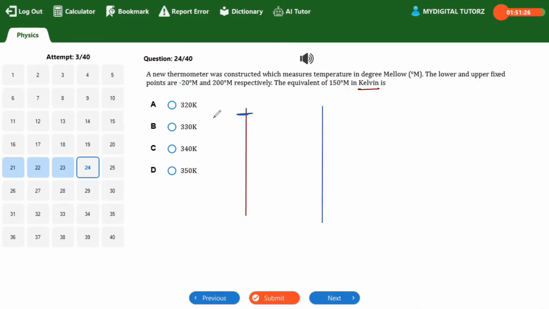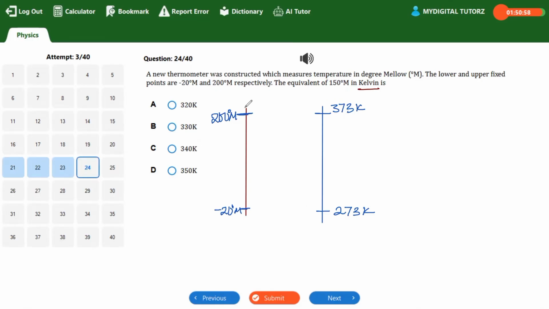So the upper fixed point is 200 degree mellow, and the lower fixed point is negative 20 degree mellow. And we all know that for Kelvin, the upper fixed point is 373 Kelvin, and the lower fixed point is 273 Kelvin. This is a standard, right?